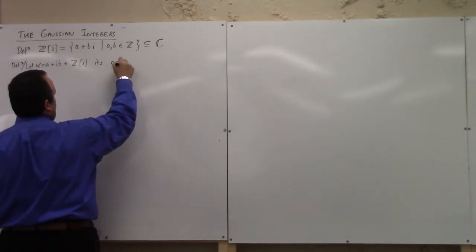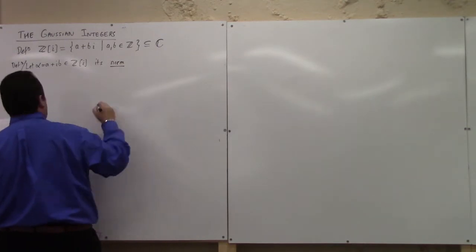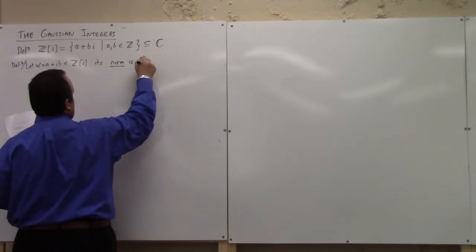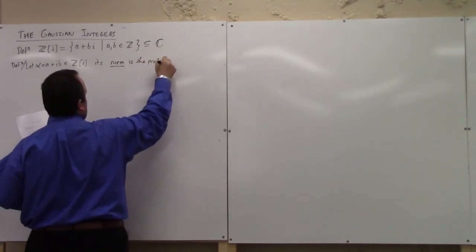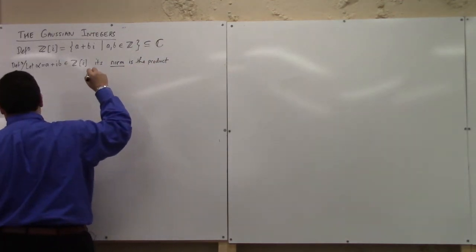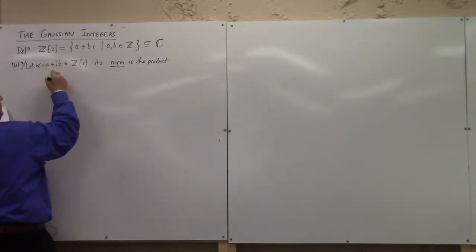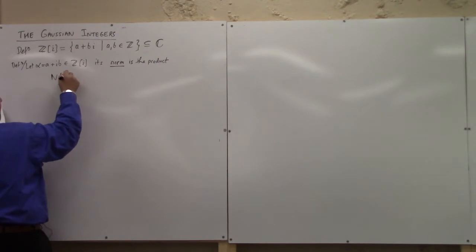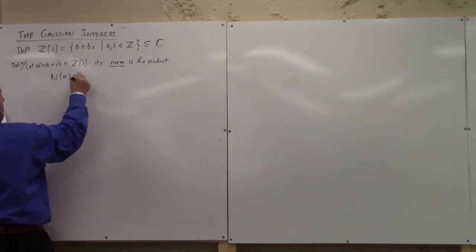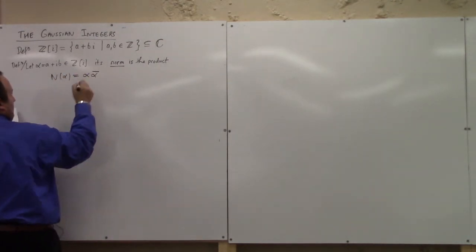Its norm is the product N of alpha equals alpha times its complex conjugate.